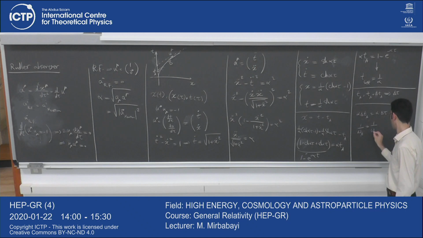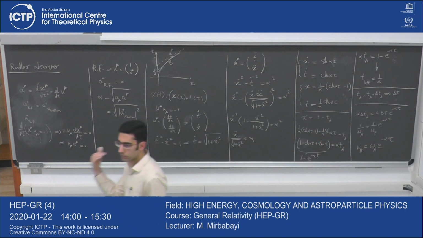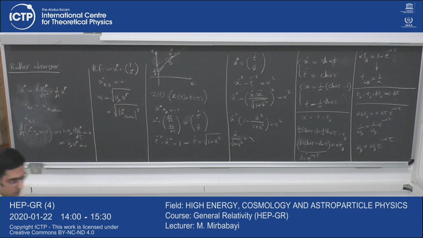So that is 1 over omega_B times e to the minus alpha tau. So omega_B is equal to omega_A e to the minus alpha tau, which means that if Alice is sending messages with constant frequency, the frequency at which they arrive at Bob is going to go to 0. This is called redshift, because the frequency goes down, red is below blue.